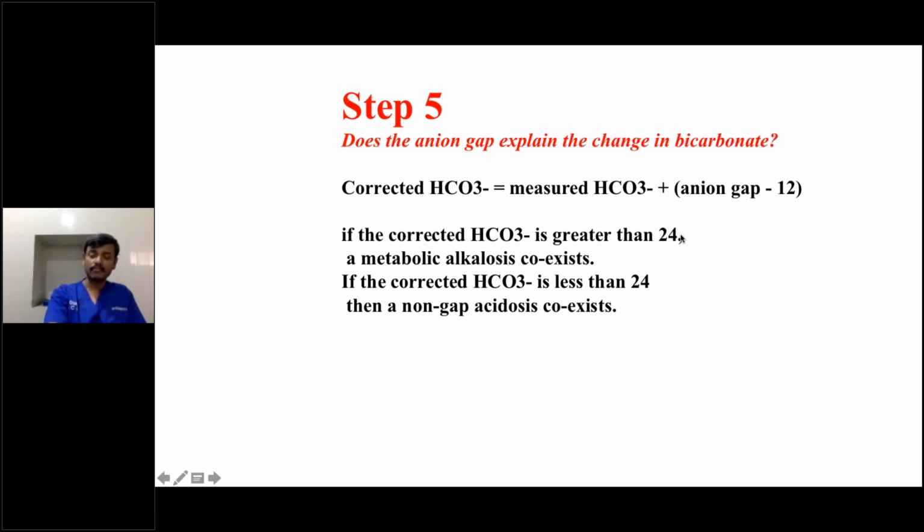Because since the beginning we have taken 24 as normal; we are correcting our values, and instead of a range we have taken a normal value like 24. If corrected bicarbonate is greater than 24, then we think of metabolic alkalosis. That is called hidden metabolic alkalosis, or mixed acid base disorder. If corrected bicarbonate is less than 24, we call it non-gap acidosis, or normal anion gap metabolic acidosis.